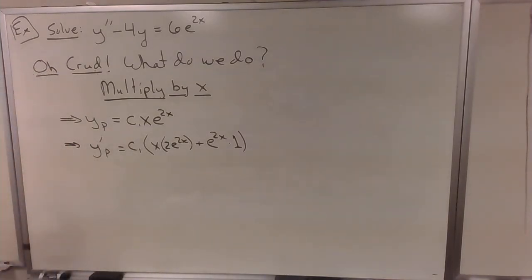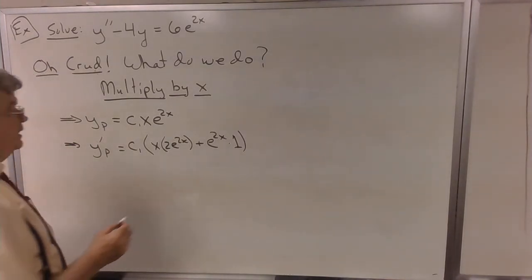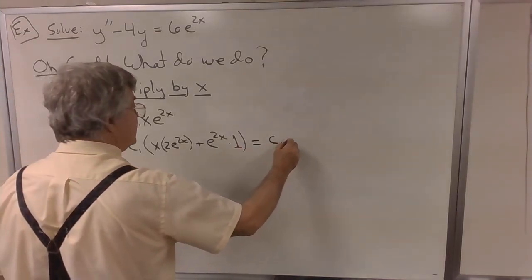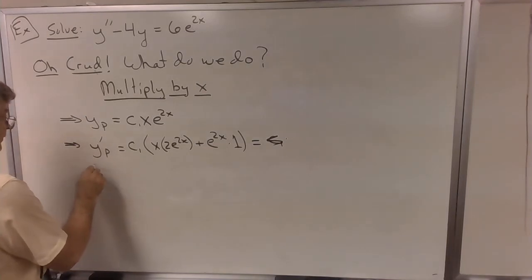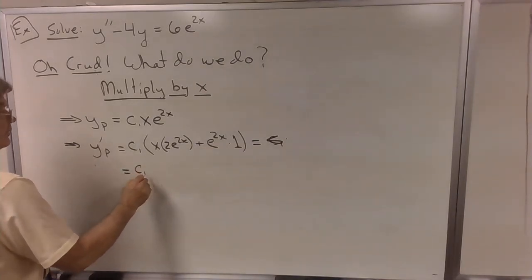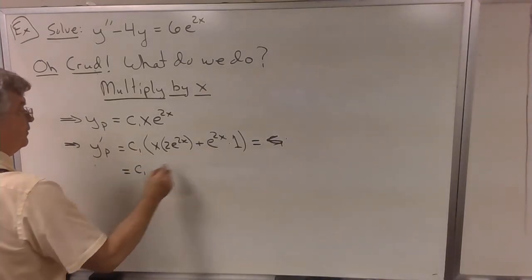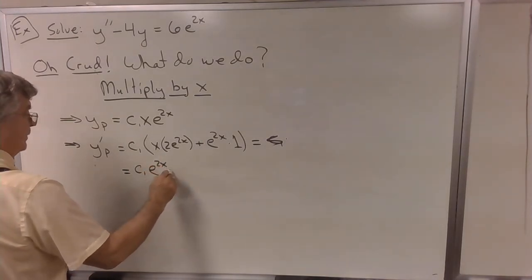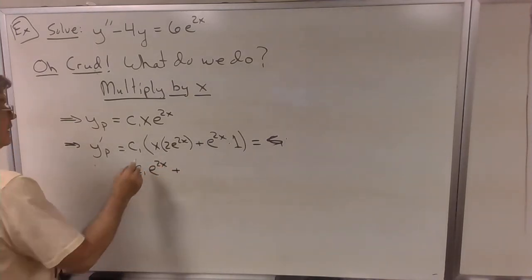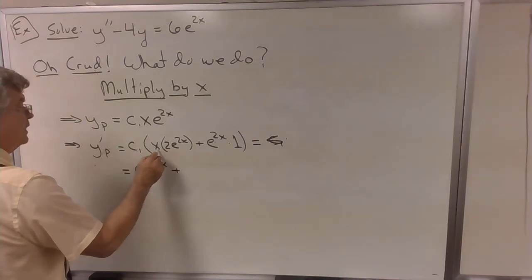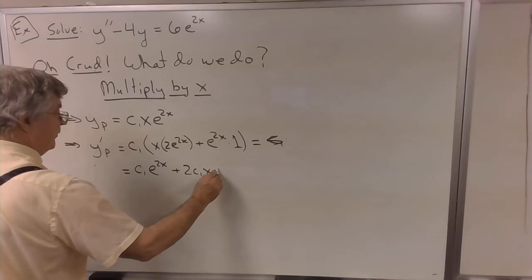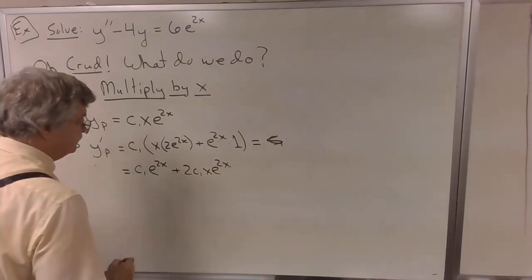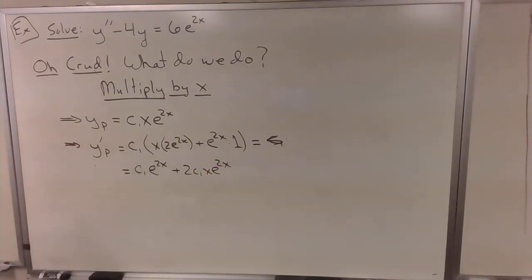And, oh, what is that? That's going to be C1 e to the 2x plus 2C1x e to the 2x, so that's my first derivative.